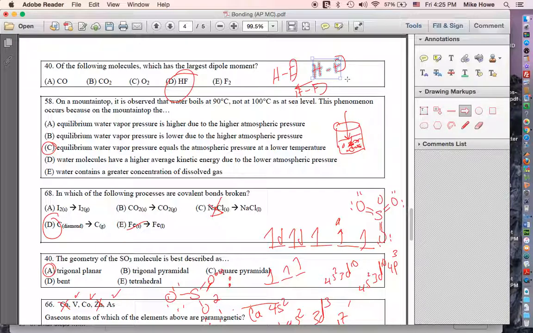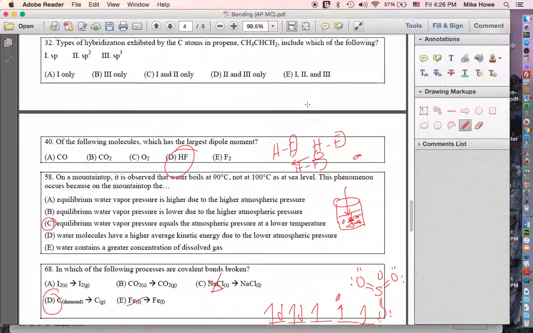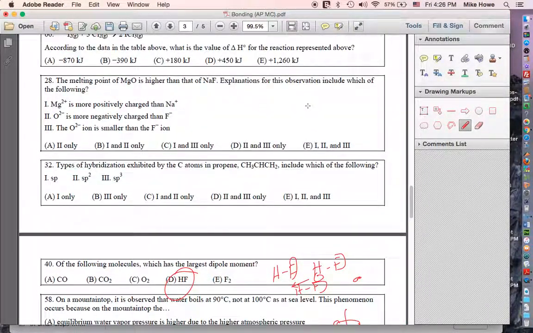So the hydrogen bond is right there. My arrow's not doing so well. All right, one more and we'll stop this section of the video.